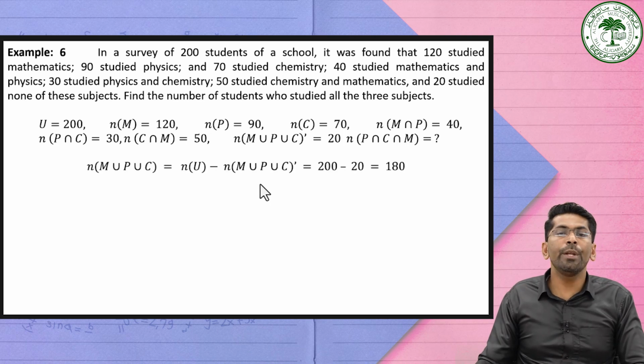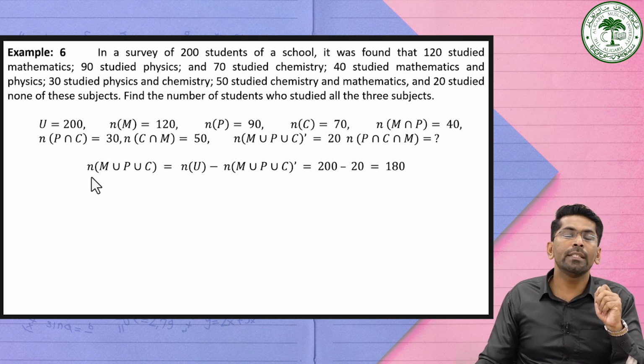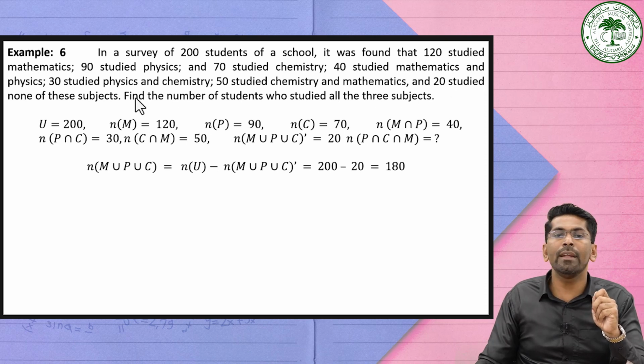First we find the union of these three sets, that is, the number of students who studied mathematics, physics and chemistry. It is equal to the number of students in the universal set, 200, minus the complement, because the information given says 20 studied none of these.